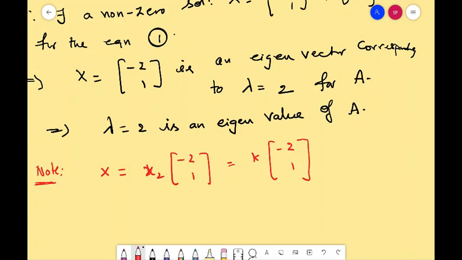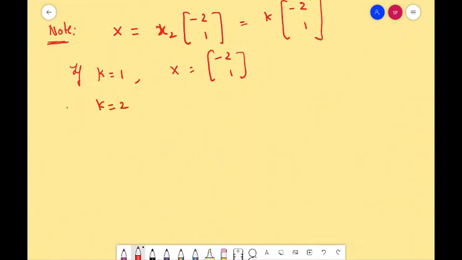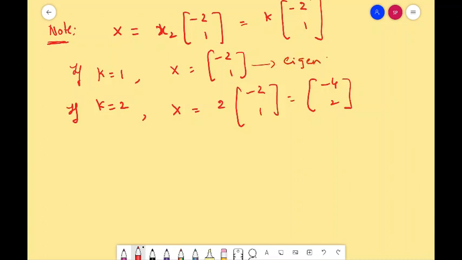If k is equal to 1, then x is minus 2, 1. If k is equal to 2, then x is equal to 2 into minus 2, 1, which is minus 4, 2. This is also an eigenvector of A.